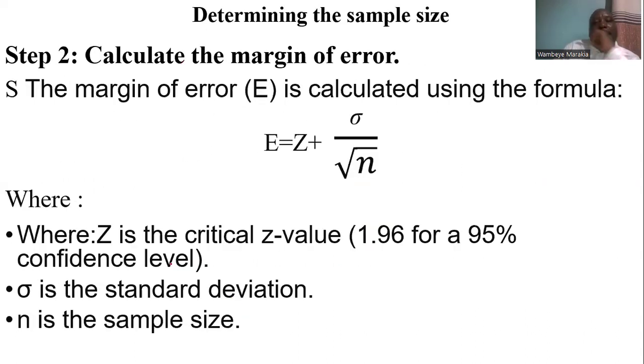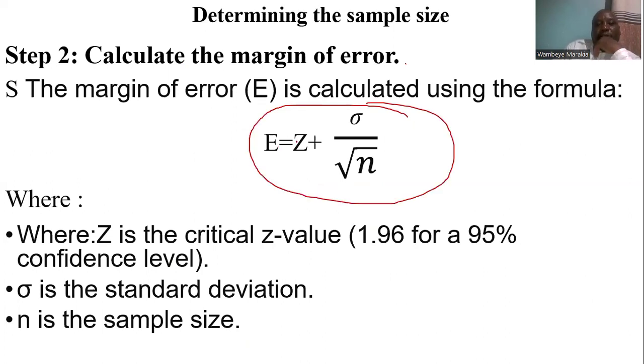And the second step is to calculate the margin of error. And for the margin of error, we use this formula. Margin of error equals Z value times the standard deviation all over the root of the sample size. And the Z value that corresponds to 95% confidence level is 1.96.